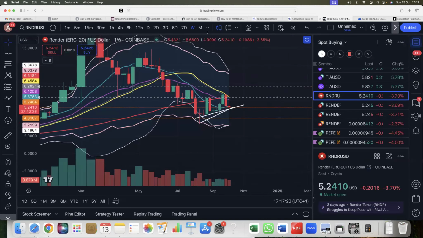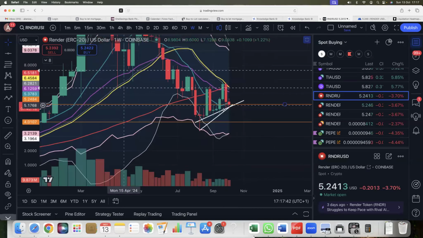So, the render weekly chart. I've got this line here and that line there, trend lines, which the price pierced through and bounced back up. I think once the week closes, we will have a retest of that line.